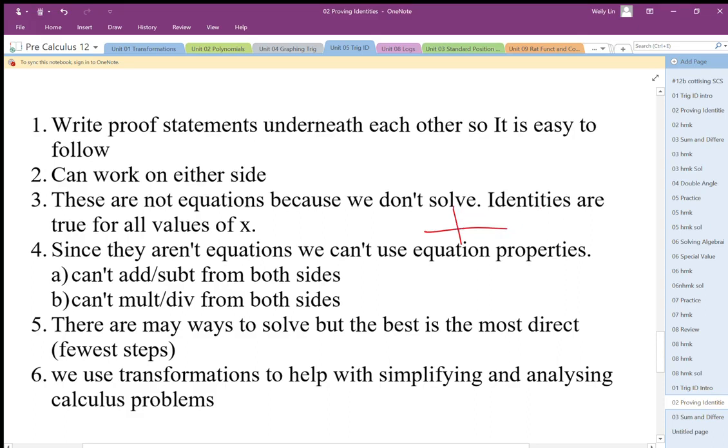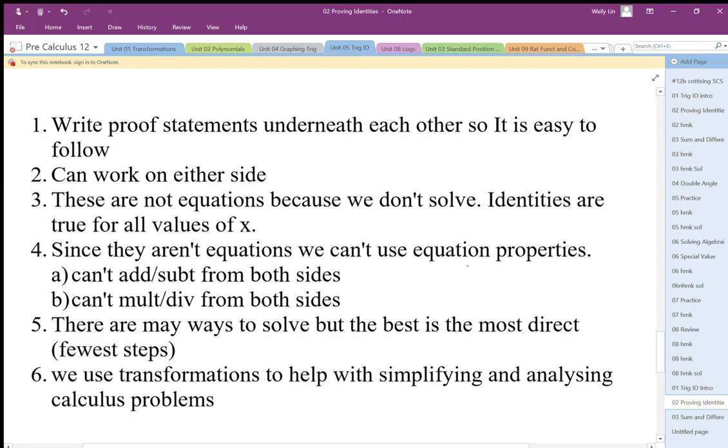Whereas an equation, where you would have a graph, and then you would have another graph where they intersect and they have unique, discrete solutions. They don't overlap. Okay, so identities overlap, equations have intersections. So these aren't equations, so we can't add and subtract from both sides.